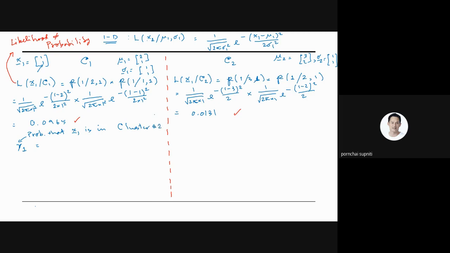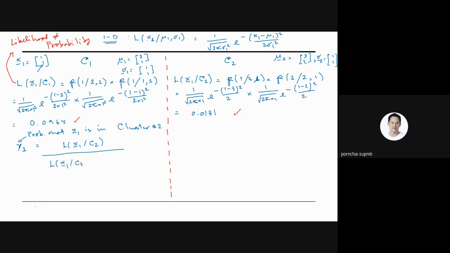Well, we can compute either way, but here, let me compute these first. So gamma 1, what is gamma 1? Basically, gamma 1 uses the likelihood value from cluster 2 and divides it by the total likelihood. So this will be the likelihood of x1 given C1.